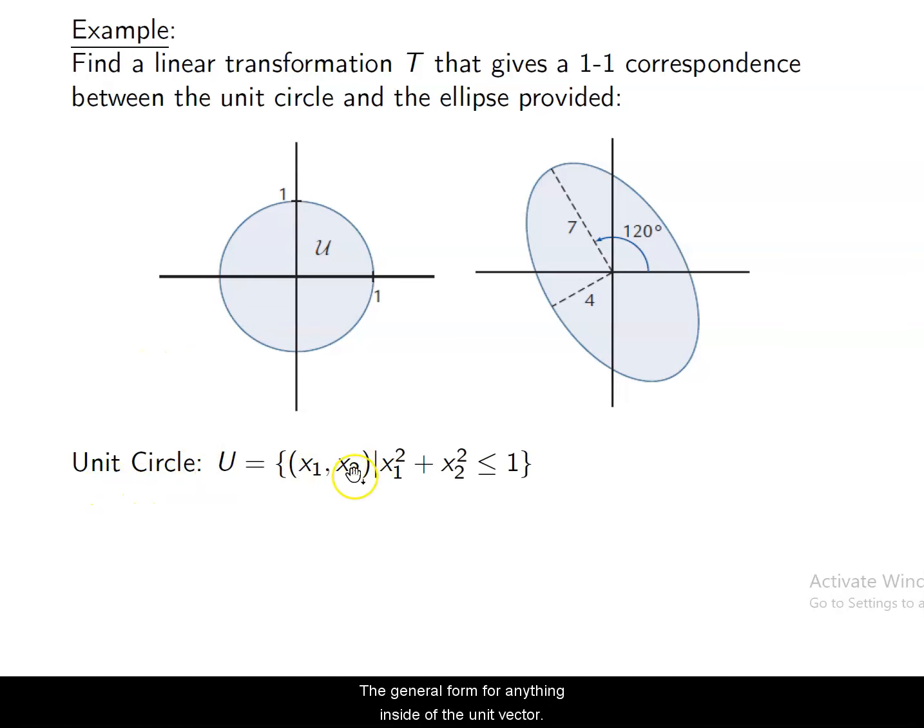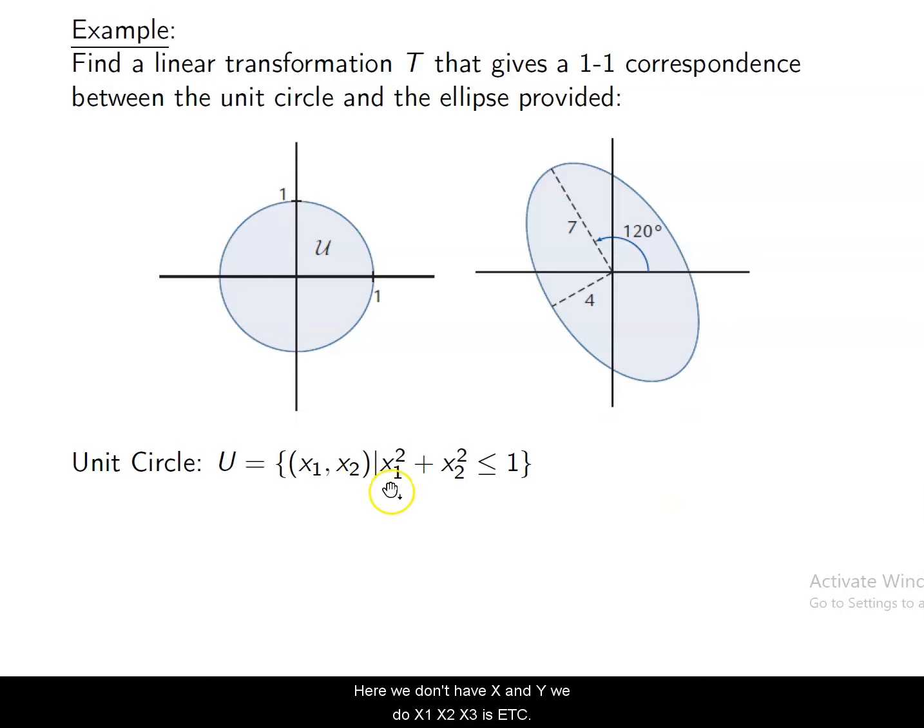The general form for anything inside the unit circle is the set of points x1 and x2 such that if I square x1 and square x2 and add them together, it has to be less than or equal to 1. That's how we draw a circle, right? X squared plus y squared equals 1 is a circle with a radius of 1.